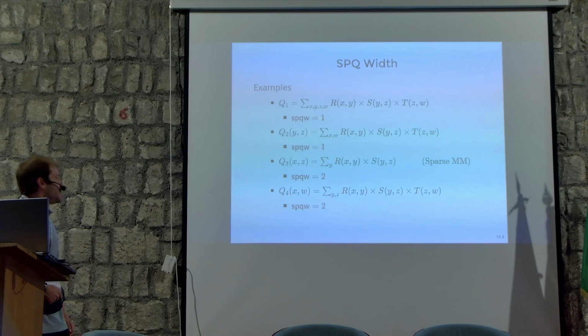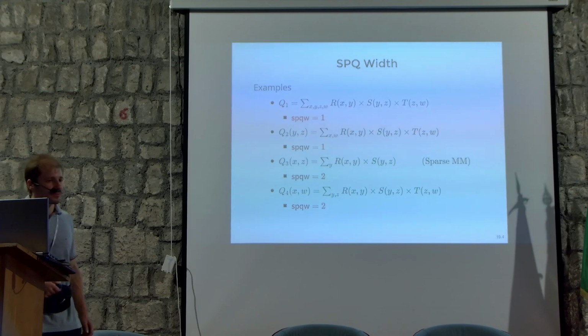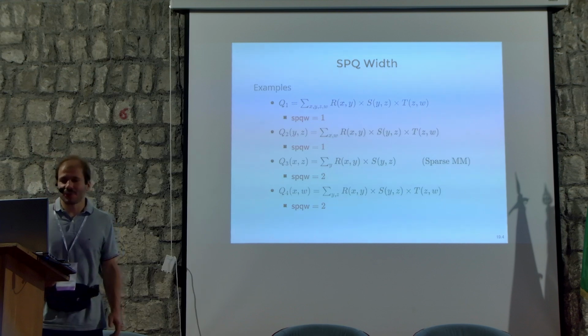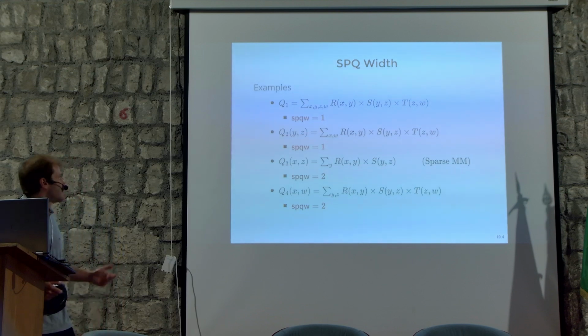In order to multiply a chain of matrices, you can multiply 2 of them at a time. So this still has the same complexity as one matrix multiplication, except that you have to repeat it 2 times. So it's still quadratic time. And this is just a quick example of what these SPQ width measures or runtimes look like for different kinds of queries.